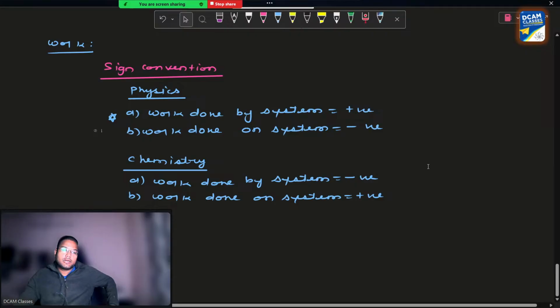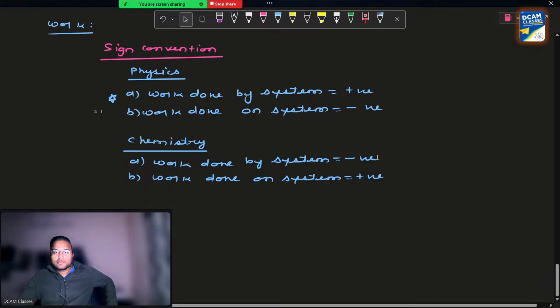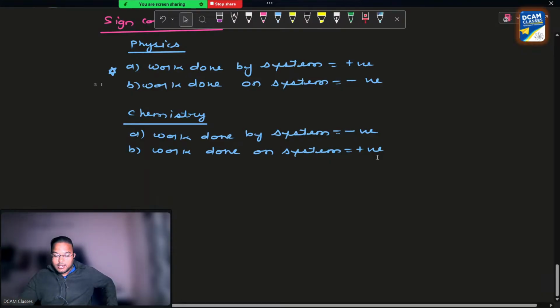When a question of thermodynamics comes in physics, you have to apply work done by the system as positive, work done on the system as negative. When the same question is asked in chemistry, you have to take work done by the system as negative. So the calculation and the value of the answer will change.